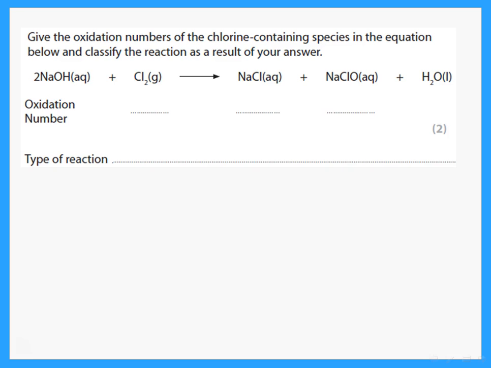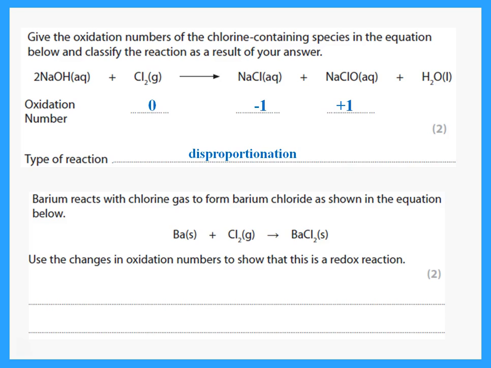Chlorine, Cl2, is 0. In NaCl, the Na is +1, so the Cl is -1. In NaClO, we said the Na is +1, and the oxygen is -2, so the Cl has to be +1. So if he asks what type of reaction this is, the chlorine changed from 0 to -1 and 0 to +1, so this is a disproportionation reaction.